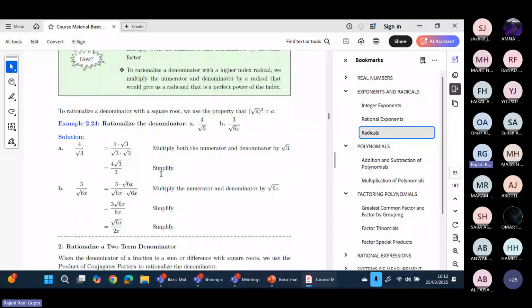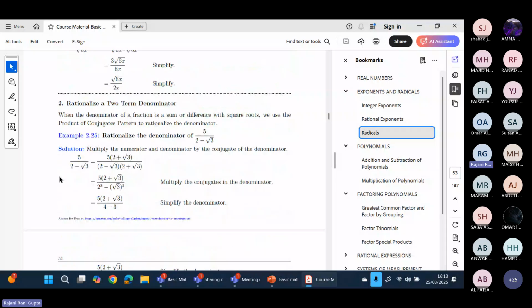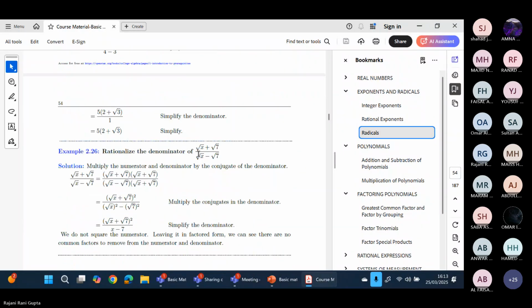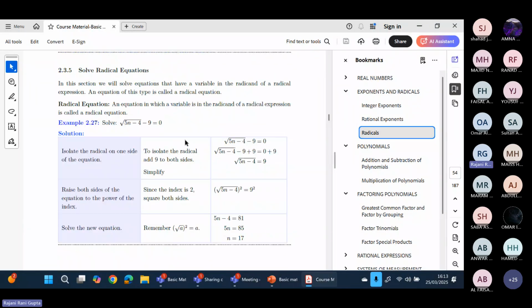Remember, when it is one term, we just multiply with the root. But if we have two terms, we find the conjugate and then multiply and divide. You remember this?